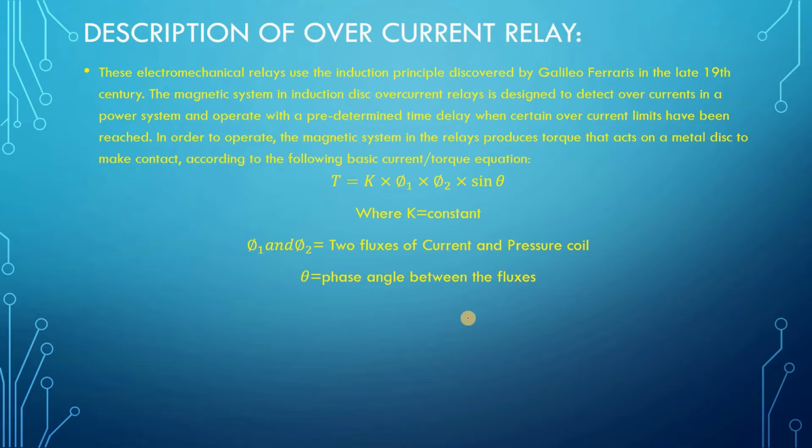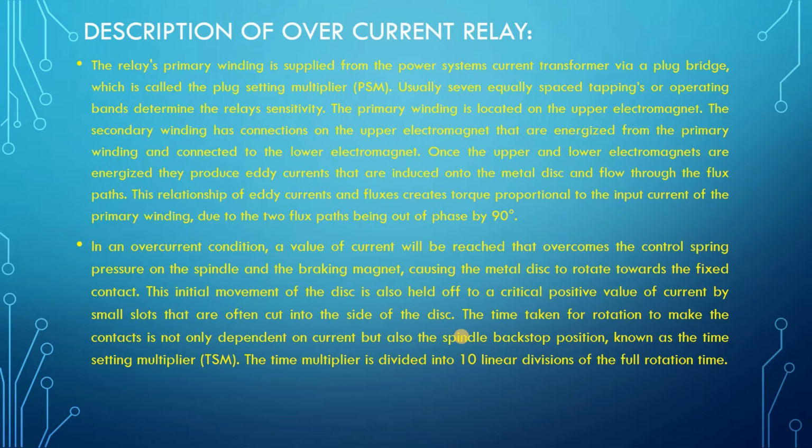Now let's see how the disc rotates. The relay primary winding is generally supplied from the power system CT. That means inside the relay there are two windings.